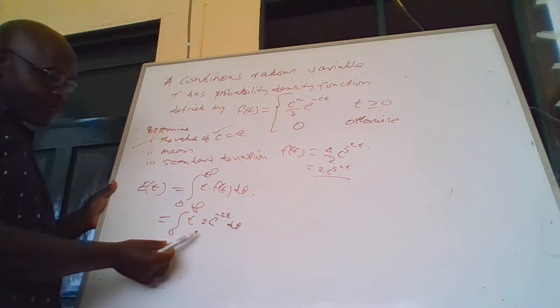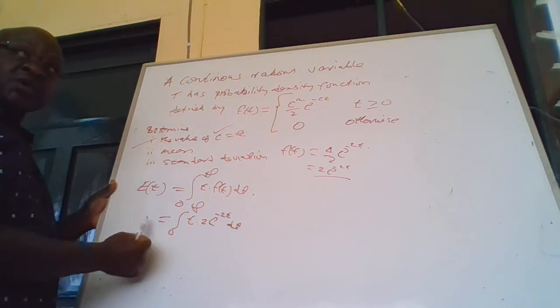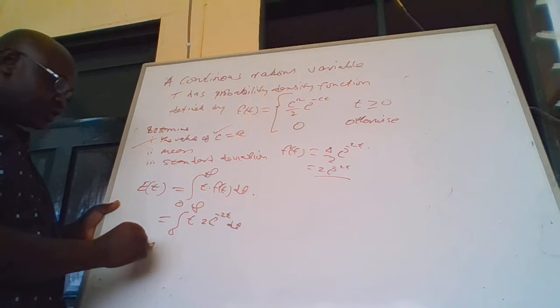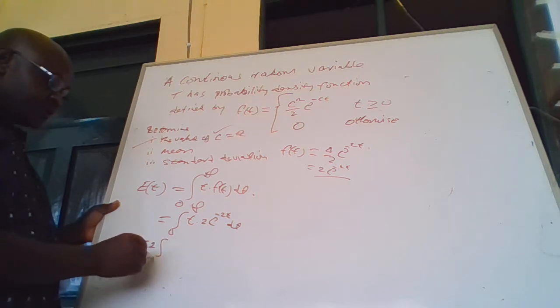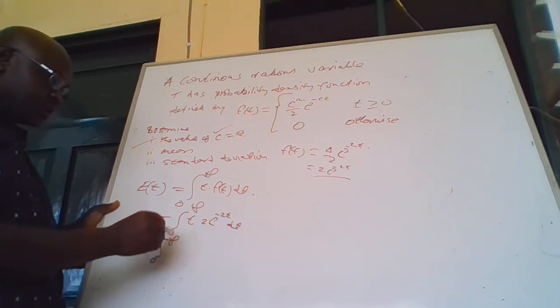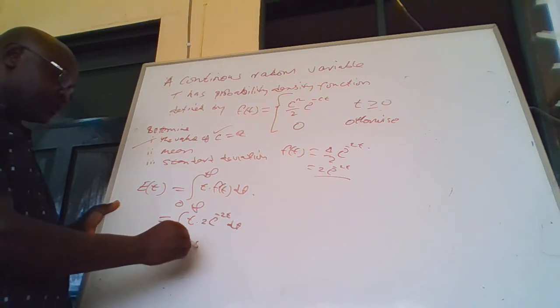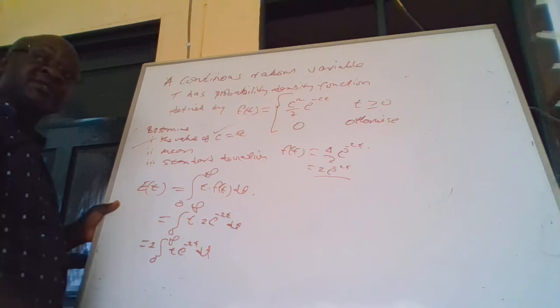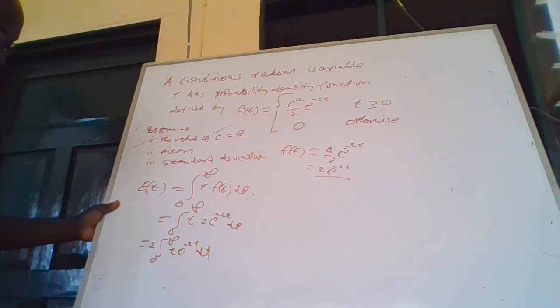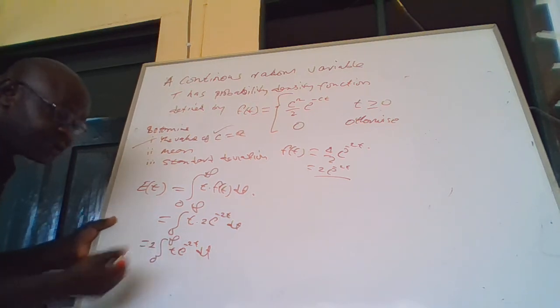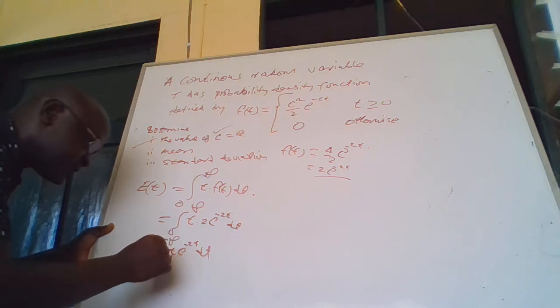From here, we can take 2 outside because it's a constant, leaving the integral of t e^(-2t) dt. Here we shall integrate by parts.